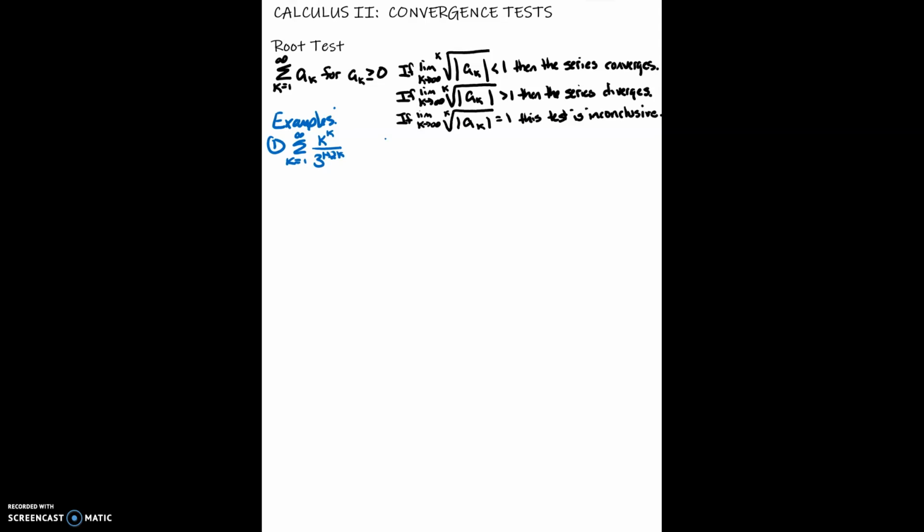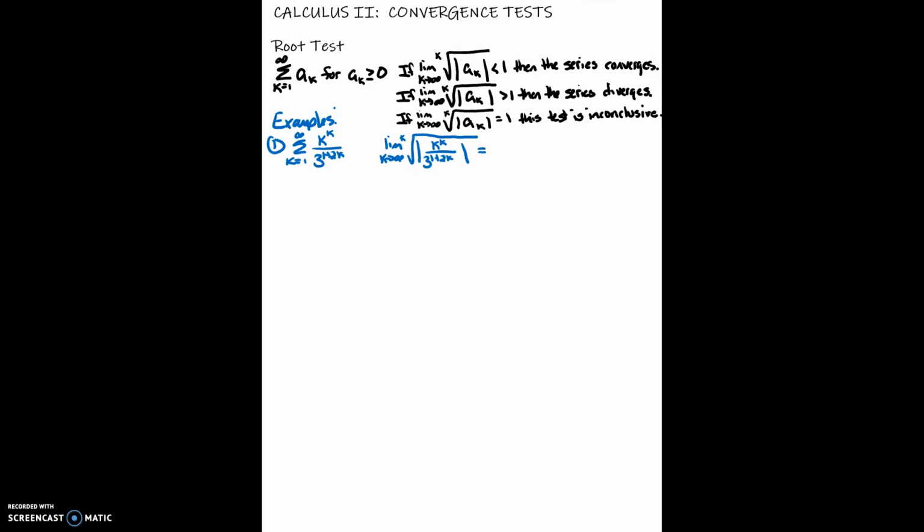Instead, I'm going to take the limit as k goes to infinity of the kth root of the absolute value of the terms of that series. Notice again, I'm not putting an equal sign there. That is not correct. These are not equal. I'm just looking at the limit to tell me what's going on with the series.